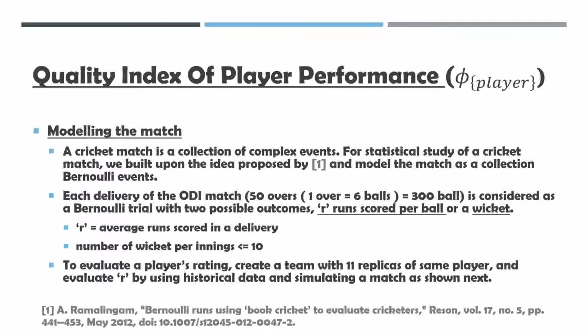Either we can have R runs scored or a wicket fallen. Here R is the average run scored per delivery, and there can be at most 10 wickets per innings as per the rules of cricket. So a cricket innings in an ODI match can go up to 300 balls or until the point where 10 wickets have fallen.